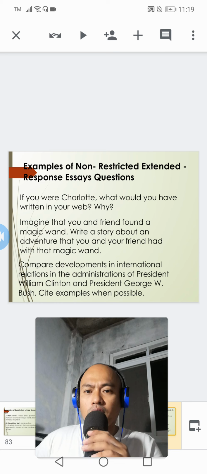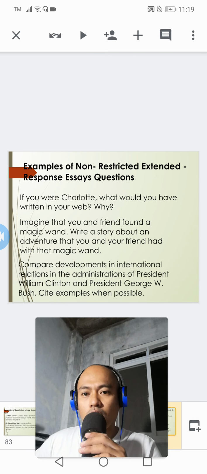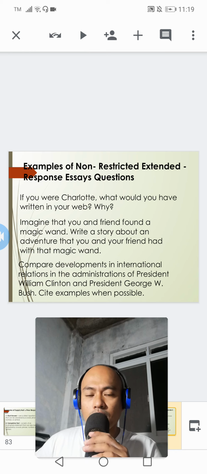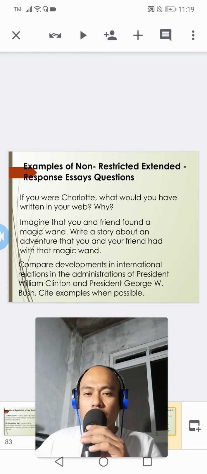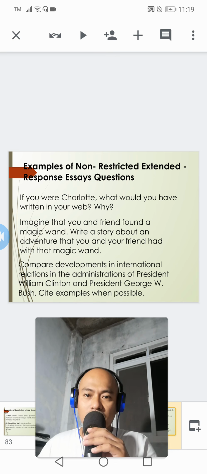The second essay question is, imagine that you and a friend found a magic wand. Write a story about an adventure that you and your friend had with the magic wand. So you let them present a particular story in this case.